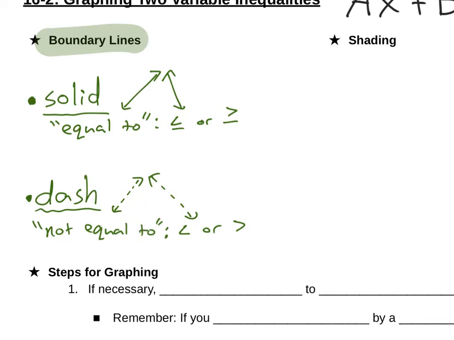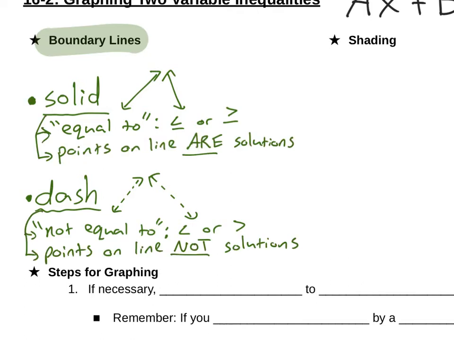When we graph these, we're going to see that the points on the dash line are not solutions, whereas the points on the solid lines will be exact solutions. Again, the points on the solid line are solutions because it's actually the equal to part of the equation. If we were to plug points in on the dash line, it's going to create an inequality that's almost true, something like 7 is greater than 7.